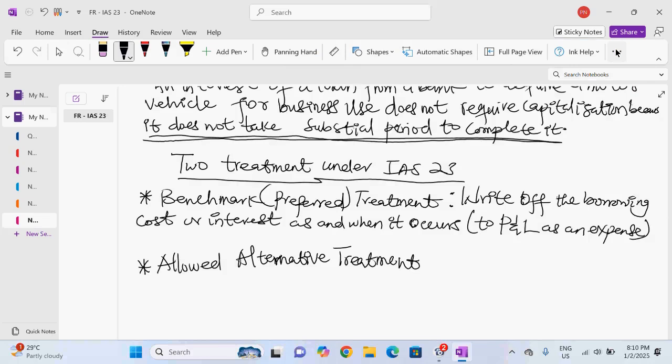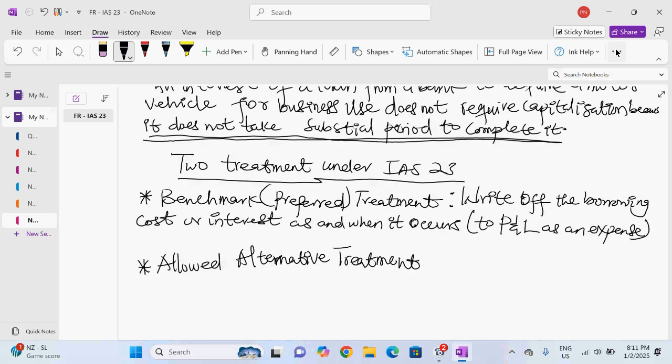So what is the allowed alternative treatment saying? The allowed alternative treatment is saying that we capitalize borrowing costs when it meets certain conditions. We only capitalize the borrowing cost when it meets certain conditions. So what can be some of the conditions that the alternative treatment is talking about?